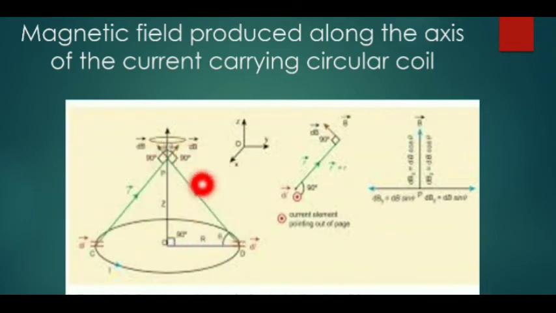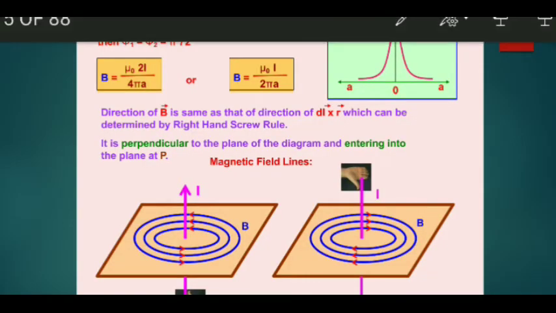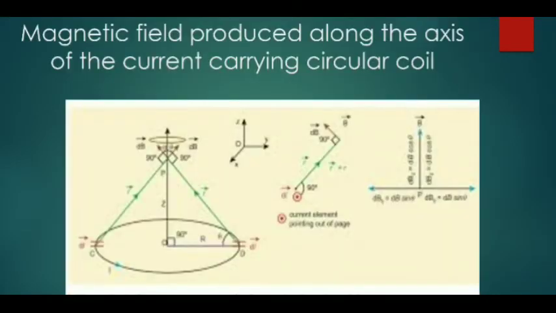This is the circular coil, and this is one triangle, and this is another triangle. Here theta value is nothing but 90. We want the magnetic field produced along the axis of the current carrying circular coil. So this is one circular coil carrying current, and I'm considering a point P on the axis of the coil.